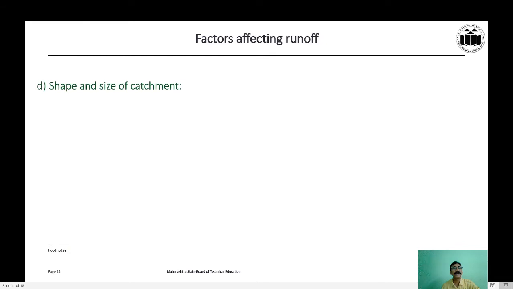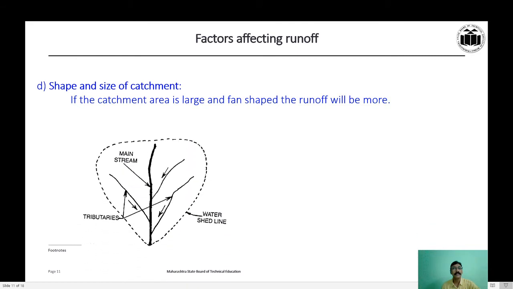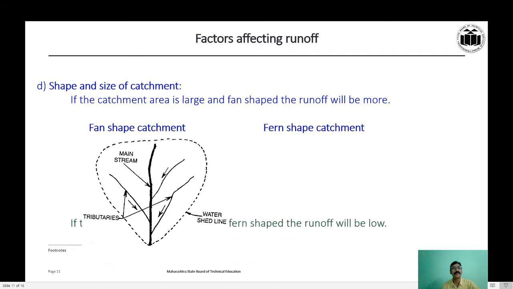Next one is shape and size of catchment. If the catchment area is large and fan shape, the runoff will be more. In this figure, this shows fan shape catchment area. In fan shape catchment area, the tributaries are of same size and water flows at the same time, therefore the runoff will be more.